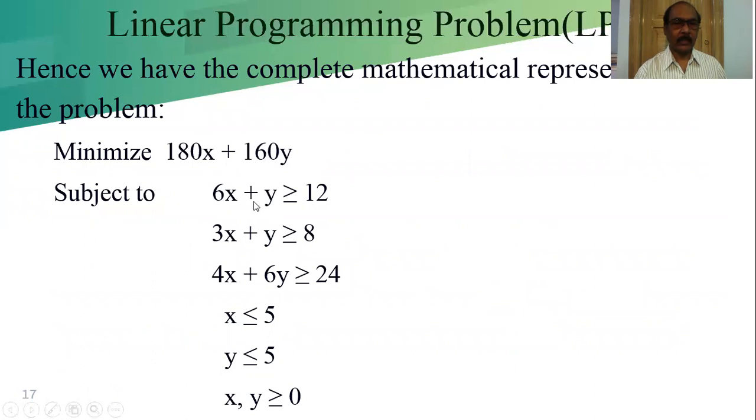The constraints are linear. Nowhere is there a product of x and y or a higher power of x. Nowhere in the objective function and also in the constraints. So that's why the objective function and all the constraints are linear. That's why it is the linear mathematical model of the given problem.